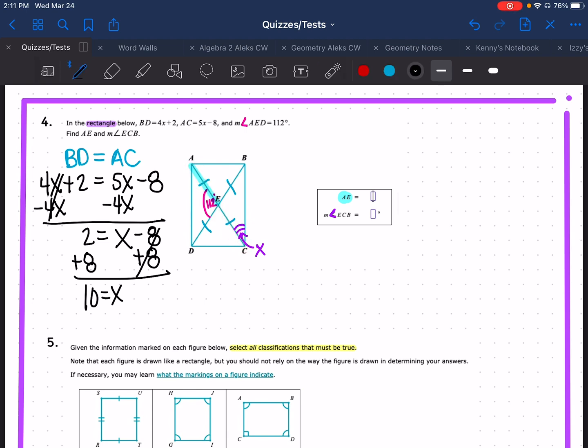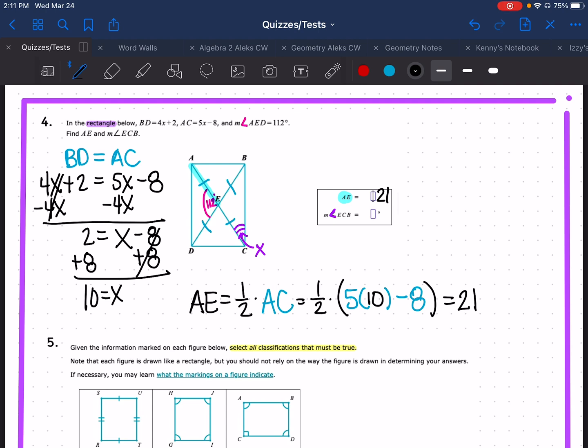Well, to find AE, it's going to be half of AC. So I'm going to plug in 1/2 times AC, which was 5 times x minus 8. And of course, x was 10. So I'm going to put in my calculator 1/2 times 5 times 10, or 50, minus 8. And I get an answer of 21.